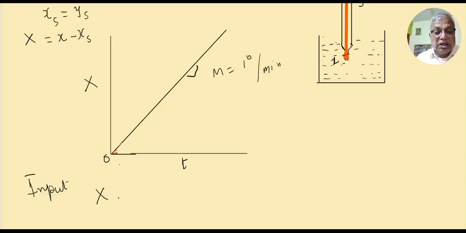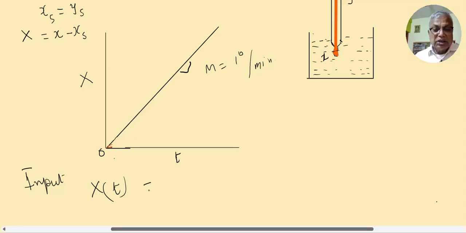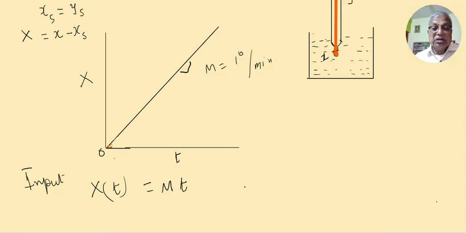The input is a linear input. X of t equals m into t. That's the input equation, which is the equation of a linear or ramp input. We have discussed this earlier.